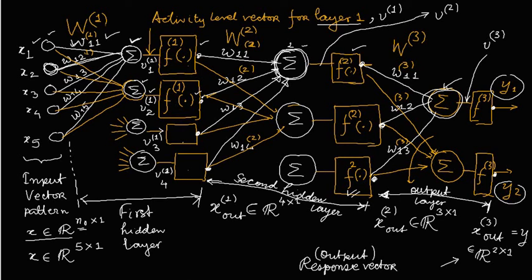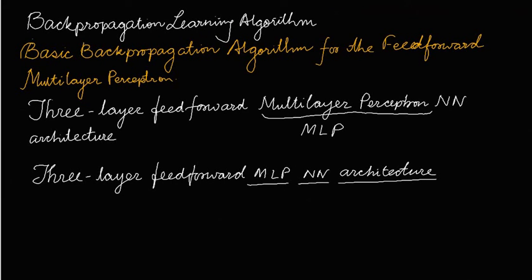So now with this background, with these representations and nomenclatures of weights, activity level vectors, V1, etc., and activation functions and the outputs here, we will be now discussing the backpropagation learning algorithm.